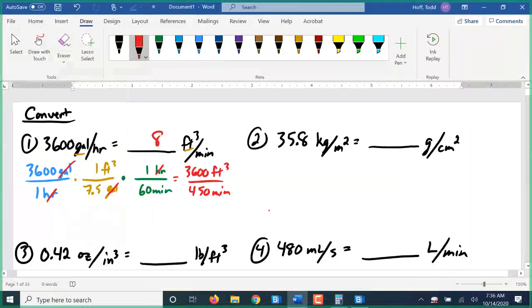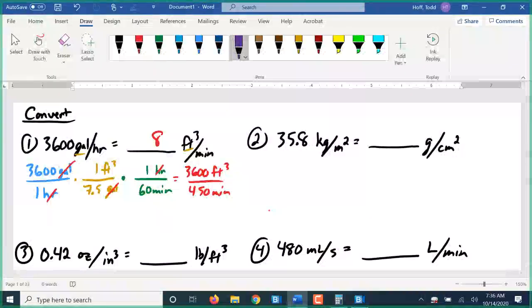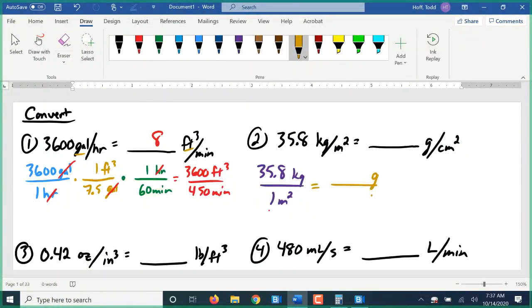Okay, number 2. Both of the units in this rate are metric. So that means we're just going to be moving decimal points and dividing out. So 35.8 kilograms per 1 meter squared. We are changing to grams per centimeter squared.